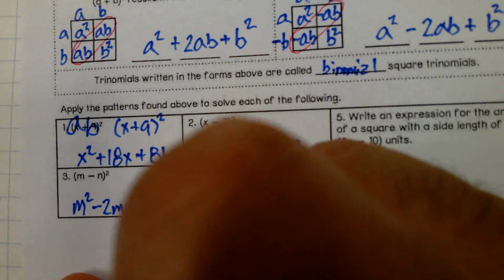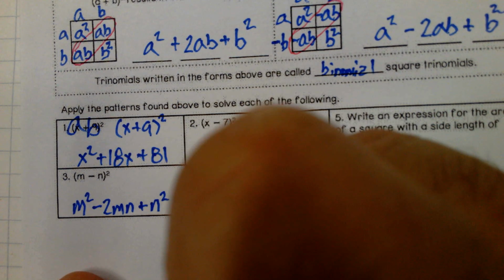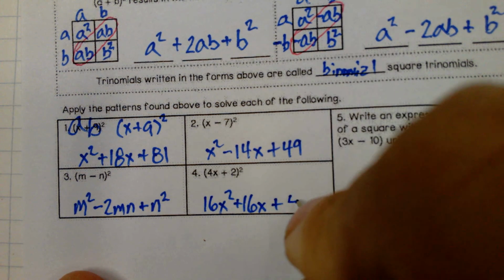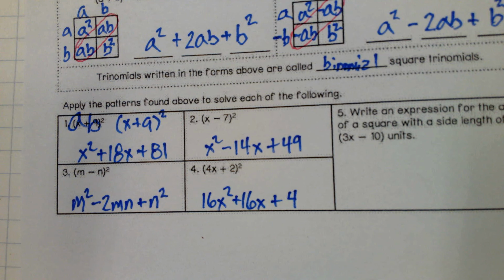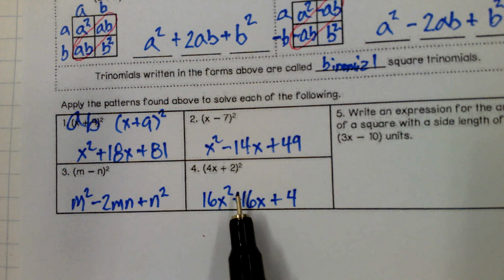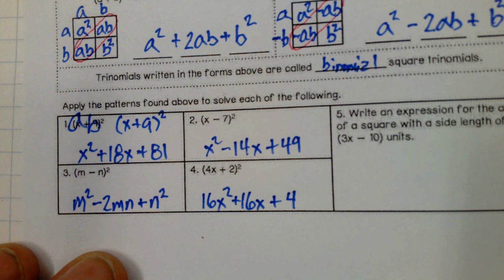Okay, so hopefully you got this. Any questions on that? Remember, for that middle term, it's 4x times 2. That's 8x. You multiply that times 2. That's how I got the 16x.